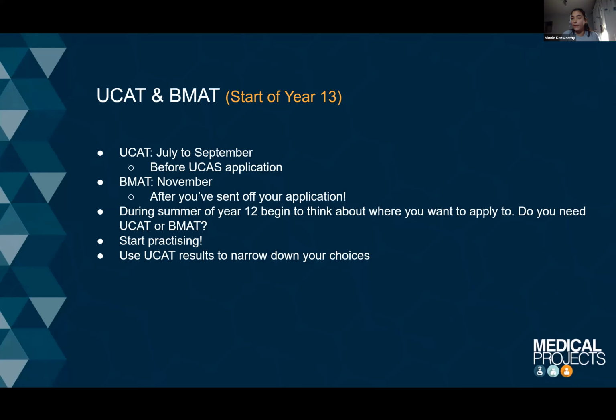So if you've done well, that's great, apply. Whereas if you've put down 4 BMAT choices and you don't even know your results, it's quite risky. So have a think about that. Maybe you want to do a mix of both. If you've done really well in UCAT, maybe you'll apply to all UCATs. It's up to you, but just have a think about it tactically.